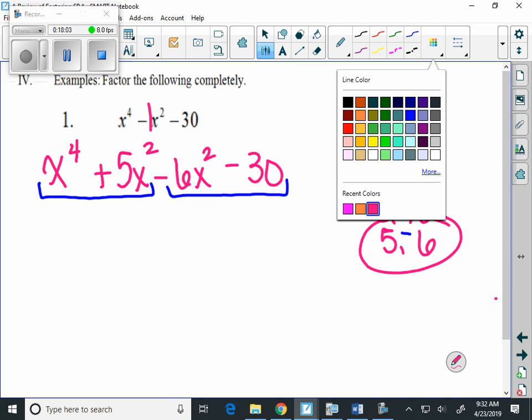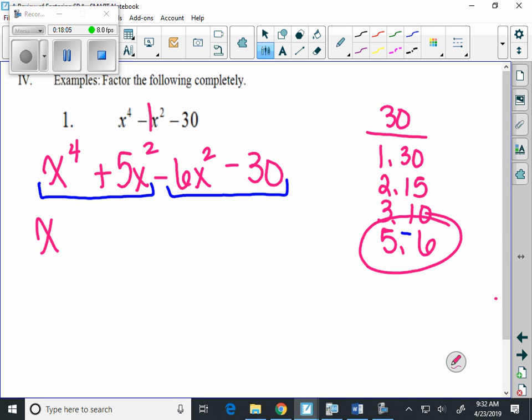Greatest common factor in our first group is x squared. And factor that out. X to the 4th divided by x squared. So we had 4x's, we took out 2. We have 2. 5x squared divided by x squared is 5. Watch out for the minus sign. Greatest common factor in the next group is 6.